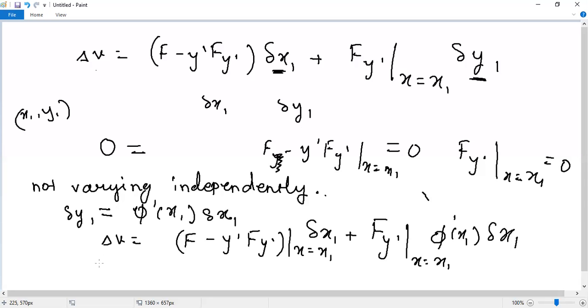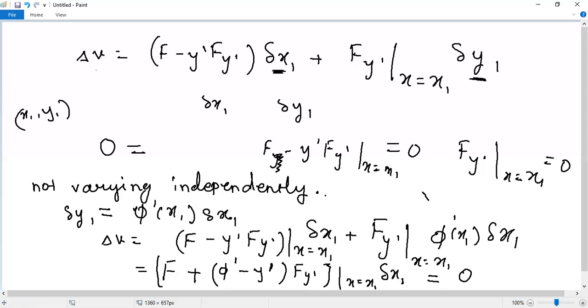Combining the two terms, we get f plus phi dash minus y dash into f y dash, this whole thing evaluated at the point x equal to x1, into delta x1 equal to 0. Because this delta x1 is varying arbitrarily, this term on the left-hand side is equal to 0.